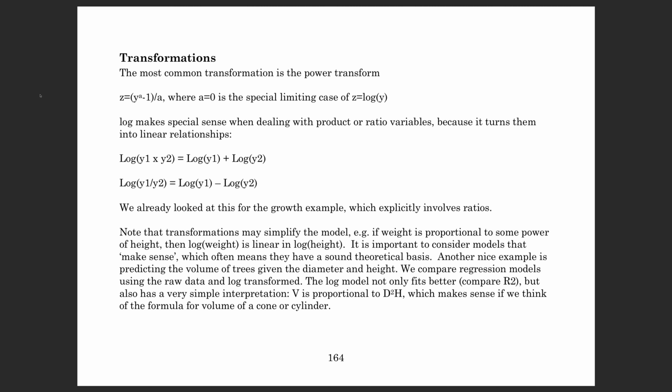So I'm going to show you what happens if we do a regression model using the original raw data and if we do a log transformation. So it turns out, as we will see in a minute, the log model fits better, at least in terms of the adjusted R squared, but the log model has another big advantage. So think about the formulas for the volume of the tree.